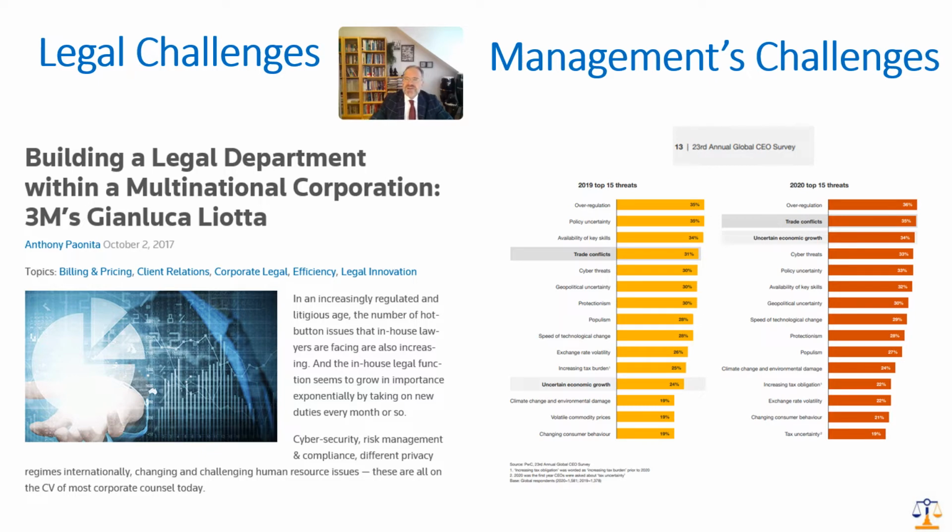If we look at the management challenges and we look at what the annual CEO survey report of PricewaterhouseCoopers says, then we see a list of the top 15 threats for 2020, and I just want to point out the first place, and that is over-regulation. This is basically the same problem which this General Counsel of 3M gives us: an increasing amount of rules, an increasing complexity of topics, new topics which are also regulated.